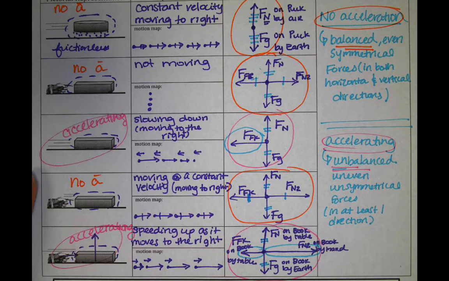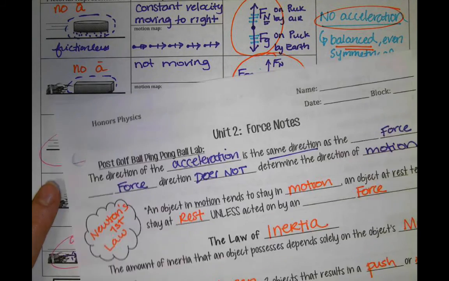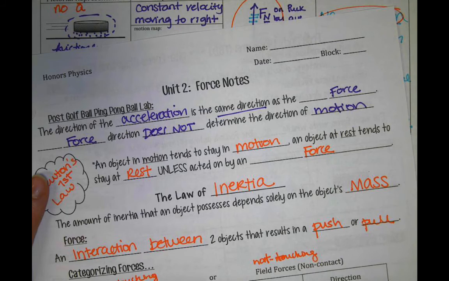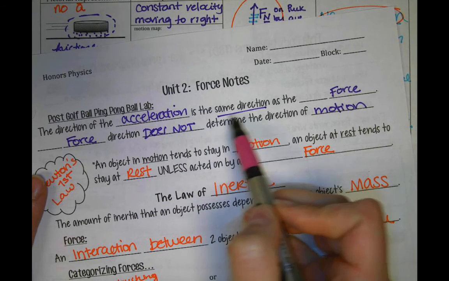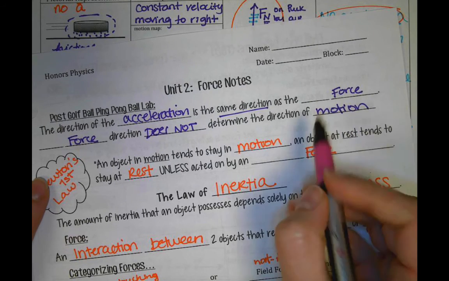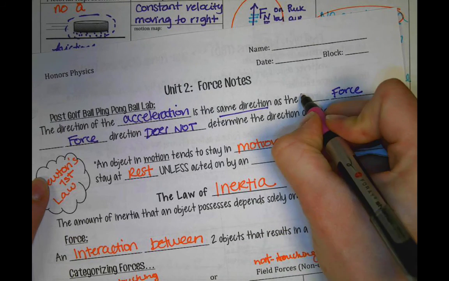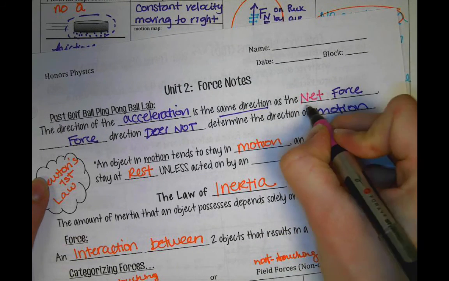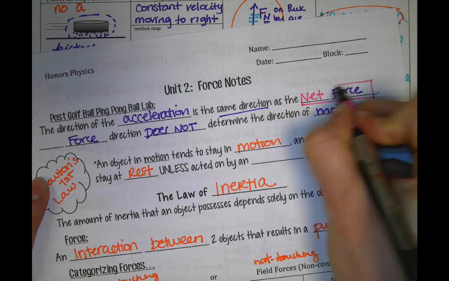I want to go back to the front side to really bring this home. So we did learn from our little ping pong ball lab, or whatever balls we were using, that the acceleration, or the direction of the acceleration, is the same direction as the force that we had in the lab, but truly this is supposed to be the same direction as the net force.